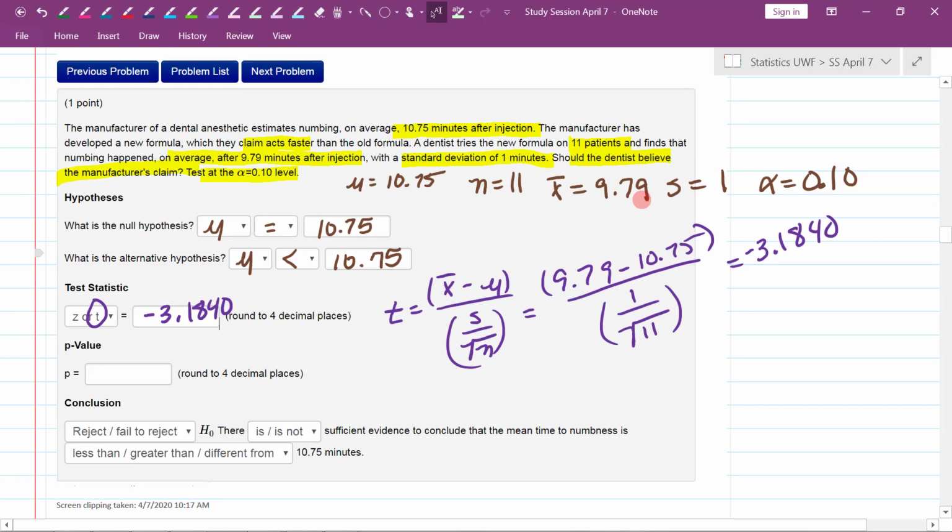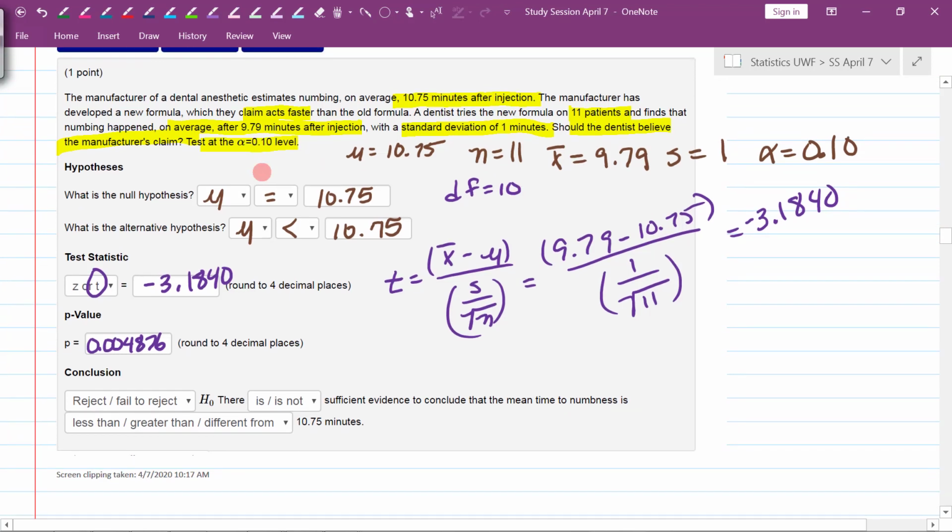So this was 0.004876. If I was going to use the tables, I would take this value right here. Let's make sure we write up here that our degrees of freedom is equal to 10, and we are testing at alpha equal to 0.10. I want you guys to know how to find your critical value.